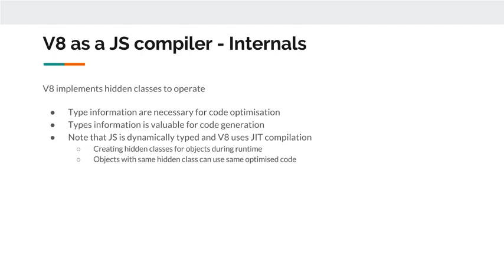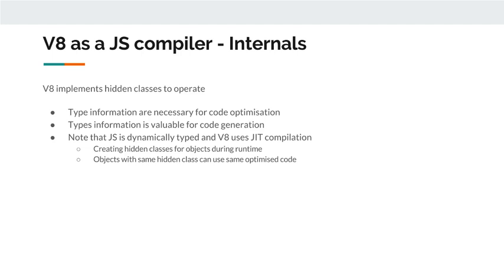V8 implements what are called hidden classes to operate. In order to make it faster, it mimics type information. It creates its own type information called hidden classes. Type information is really necessary for optimizing code, and really valuable while you are generating the code. You are trying to reshape the form, so you need to know what the abstract syntax tree is all about.